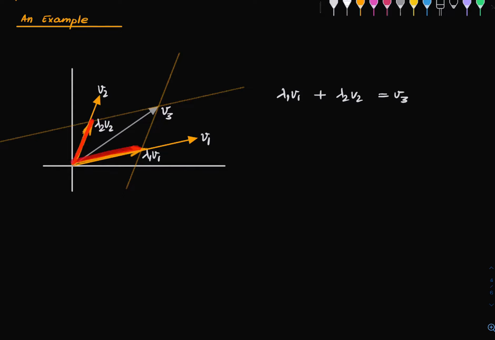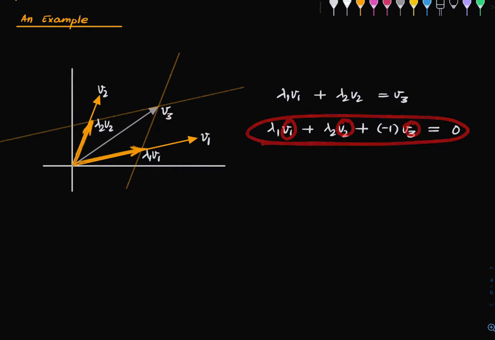Now lambda 1 V1 plus lambda 2 V2 minus V3 equals 0, and therefore a non-trivial linear combination of V1, V2, V3 is 0, and therefore these are linearly dependent.